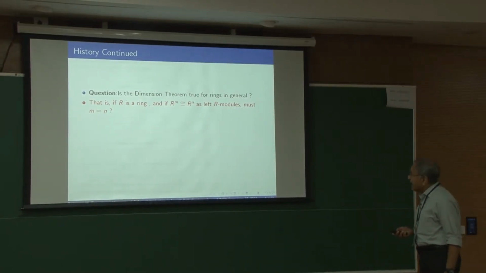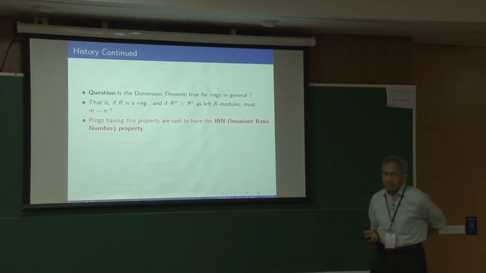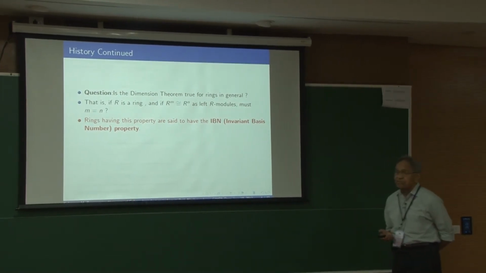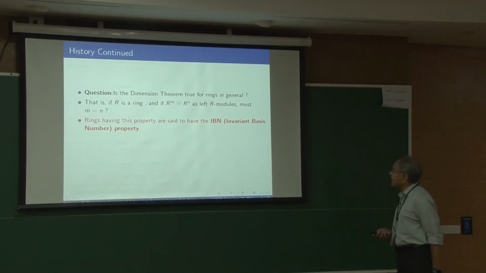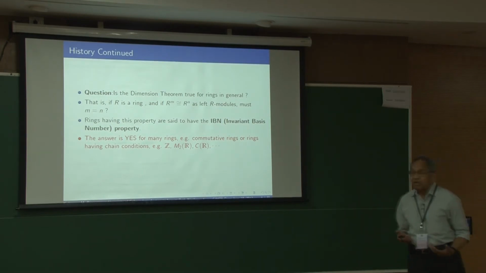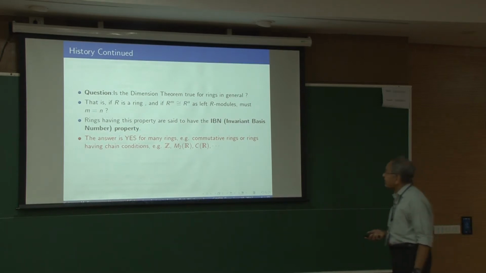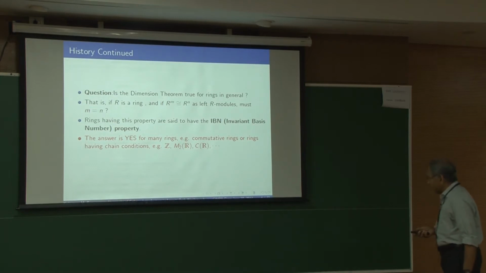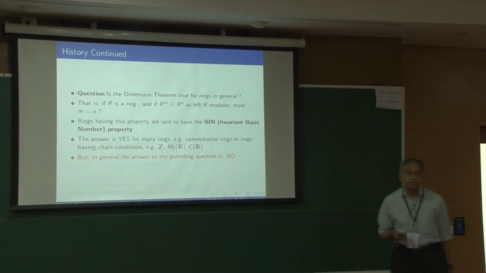Rings having this property are said to have the invariant basis number property, IBN. There are many well-known rings that have this property, like commutative rings, matrices, or real numbers, and so on. But in general, the answer is no.